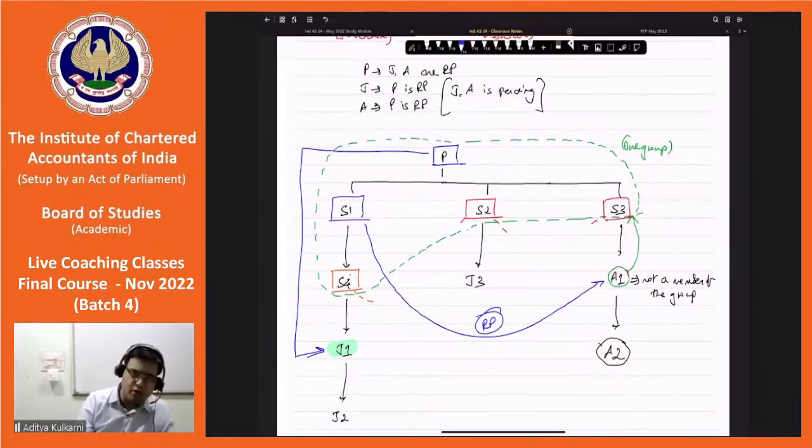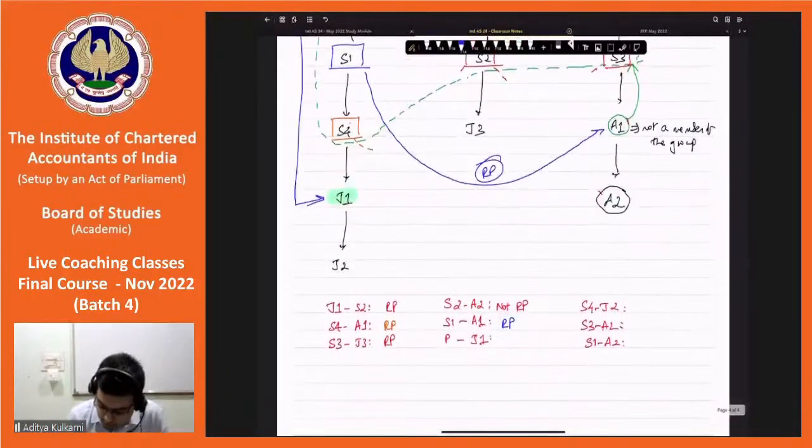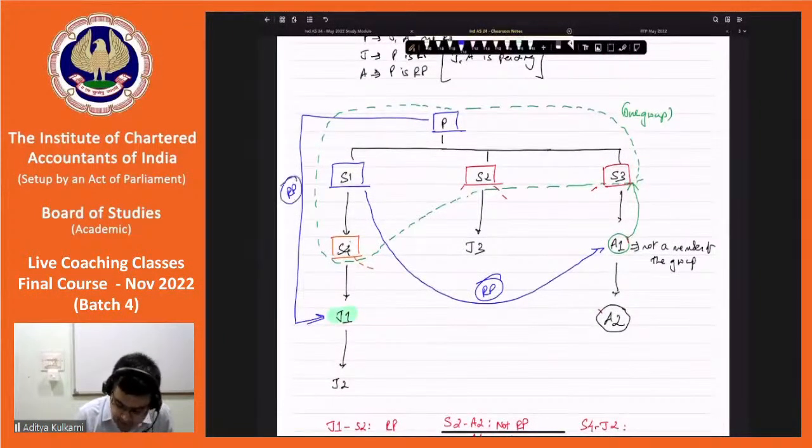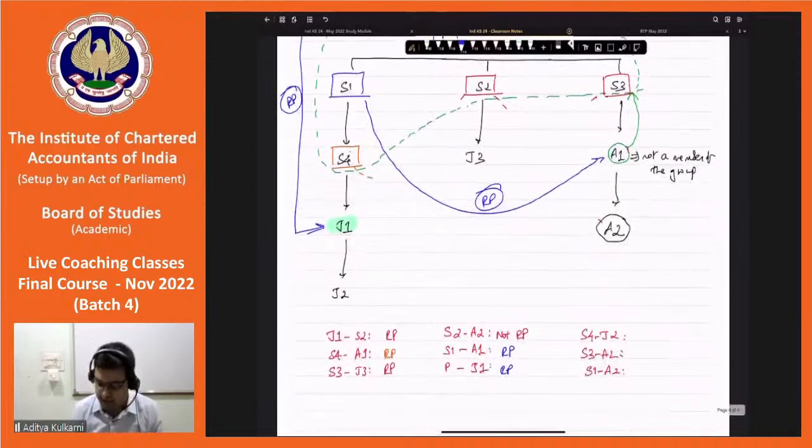Is P a member of the group? हाँ, सारे जड़ का फसाद तो P ही है. P ने इतना सारा incorporate किया है. So P is a member of the group. S4 is also a member. J1 is a joint venture of S4 and therefore P and J1 are your related parties. These are your related parties.